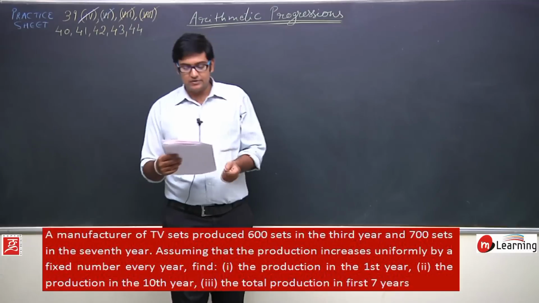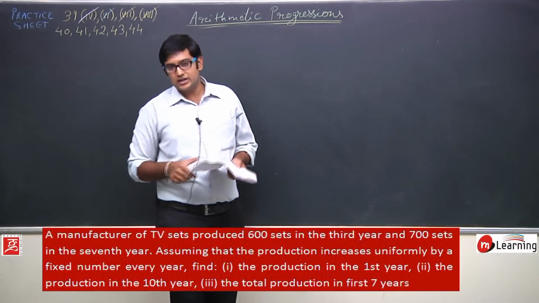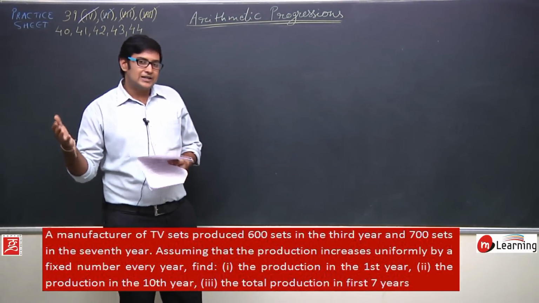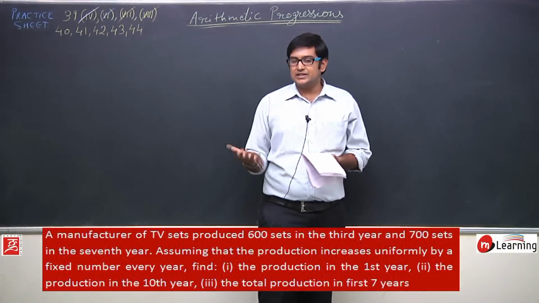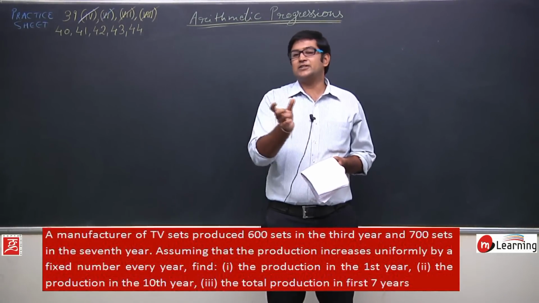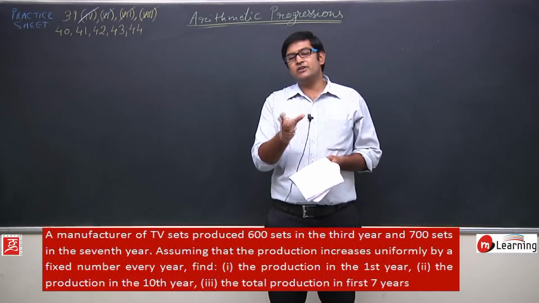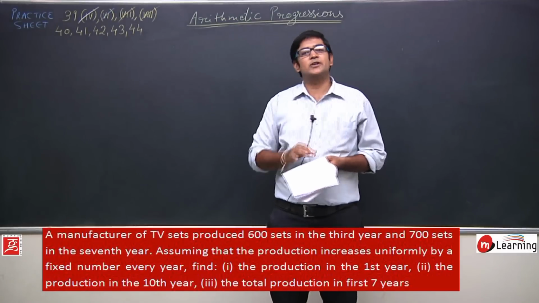And it says that we need to assume that its production grows uniformly over the years. Okay, it means if let us say it produces some X number of TVs in the 1st year, then in the 2nd year it will be increased by a fixed value. Then in the 3rd year it will again be increased by a fixed value. Then in the 4th year again it will be increased by a fixed value.